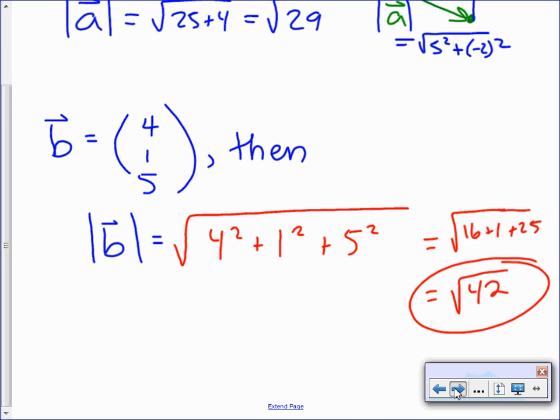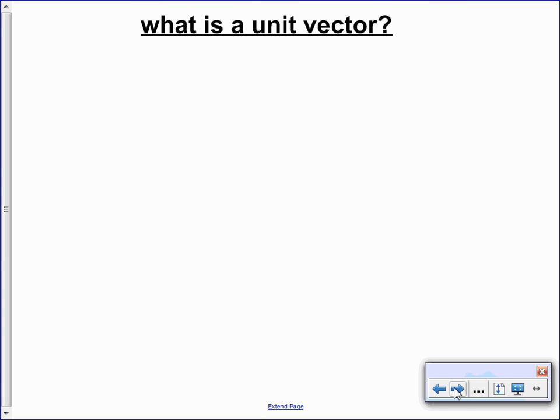So a unit vector is a vector with magnitude 1. The length of the unit vector is 1.